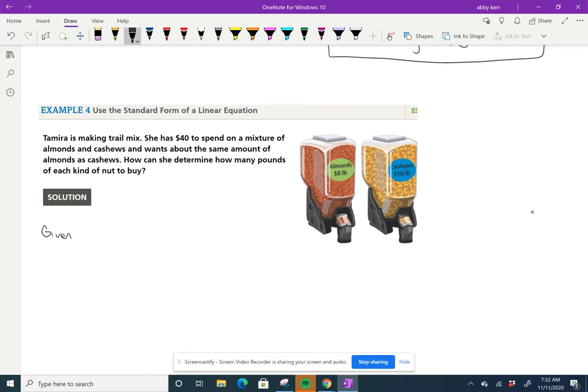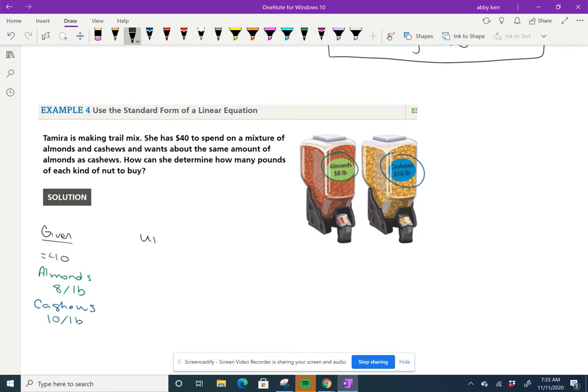We know that she wants $40 to spend, so that's her total, $40. If you look here, it said almonds is $8 per pound. Pound is abbreviated LB. And then it says cashews is $10 per pound.